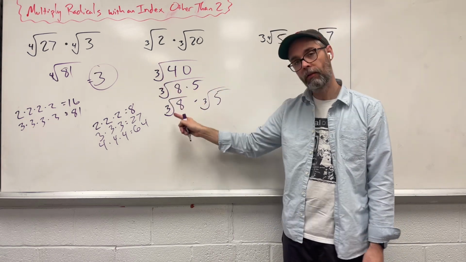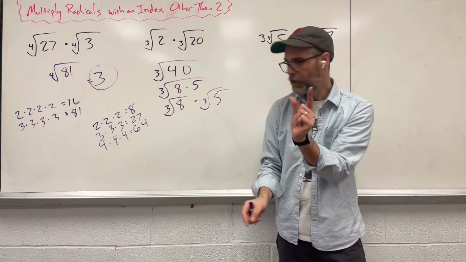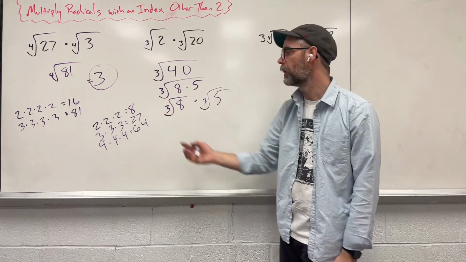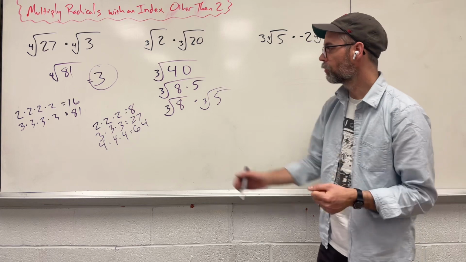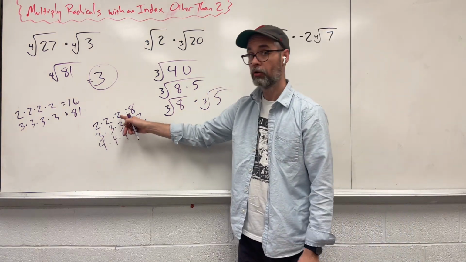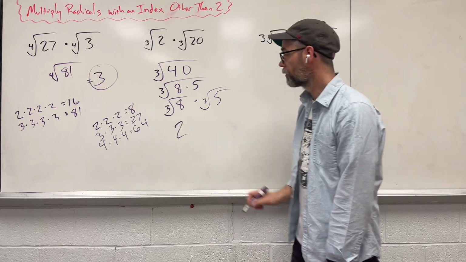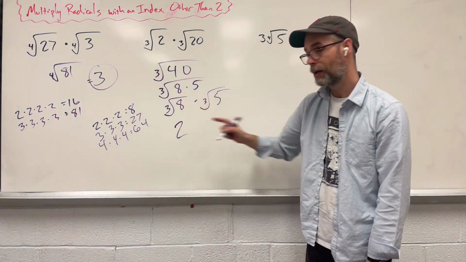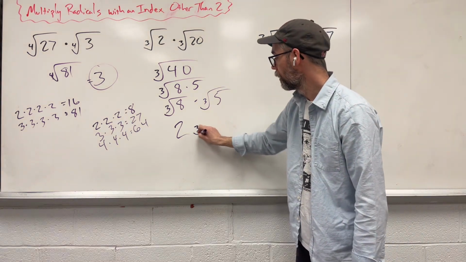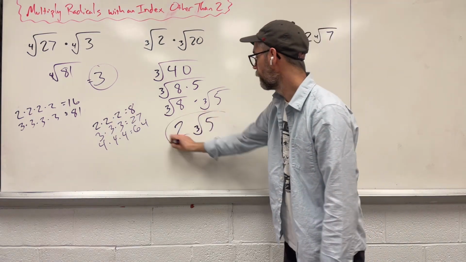Each time putting that little 3 in the little v. It's not in front. It's not real big. It's supposed to be in that little v. That little 3 tells us what gets multiplied 3 times to give us 8. 2 is repeated. So that's just a 2 there. This is the same as that. We don't have anything to give us this 5, so we just leave it. Third root of 5.